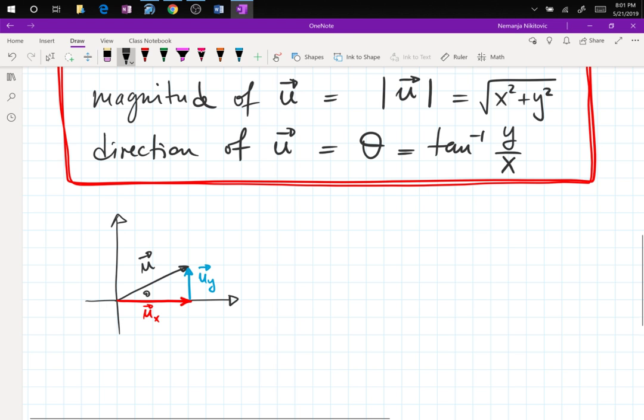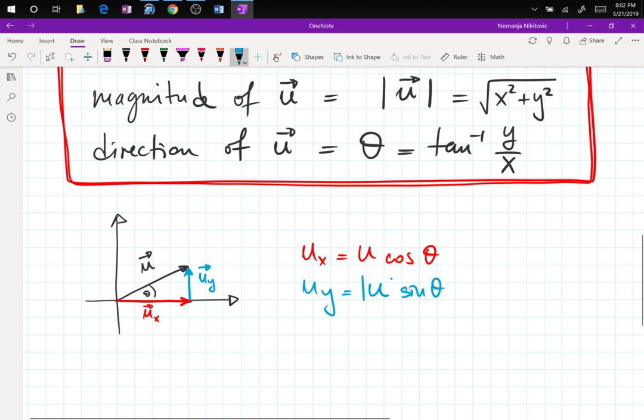There is still theta in here. So we can use trig to decompose these values. So your ux is going to be u times the cosine of theta, and uy is u sine theta.